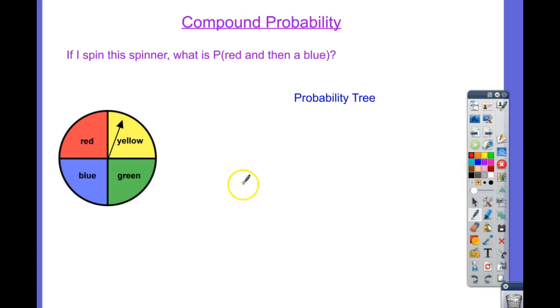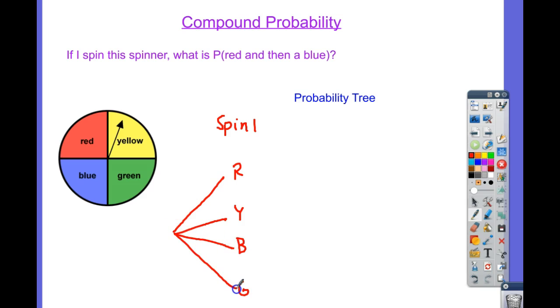So what we're going to do is say event 1, so here's spin 1. And then we're going to say, what are the possibilities? There's red, yellow, blue, and green. So to make it a tree, we're going to do this.